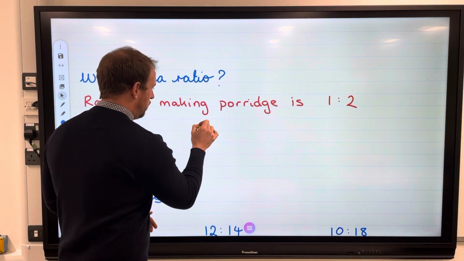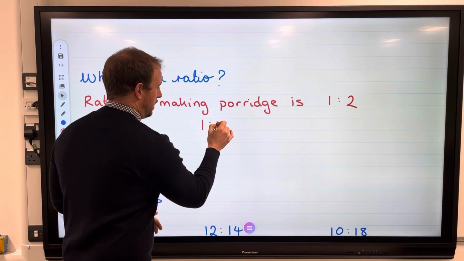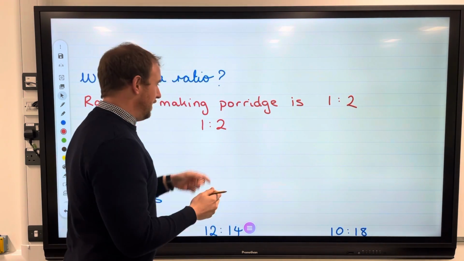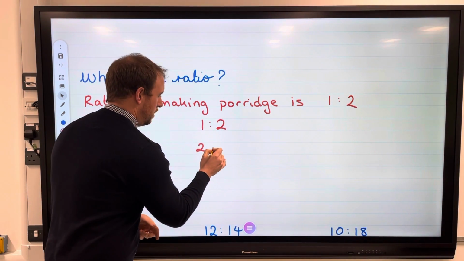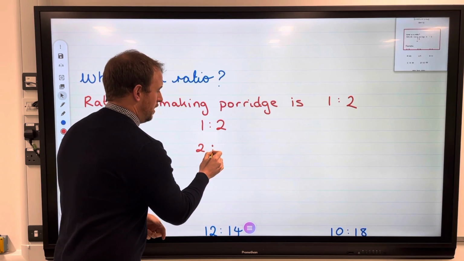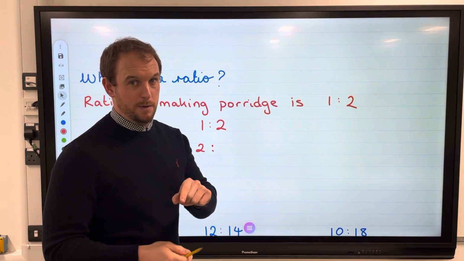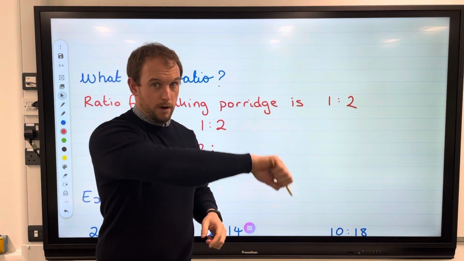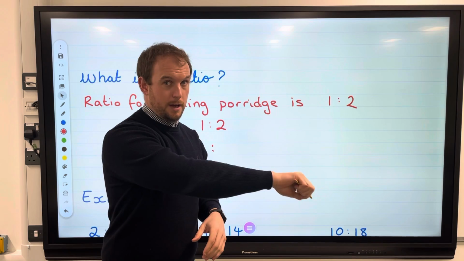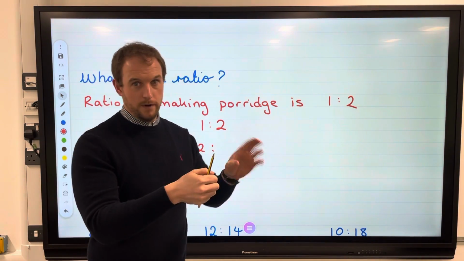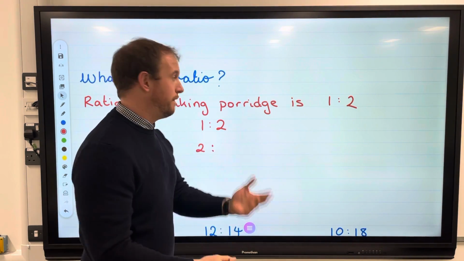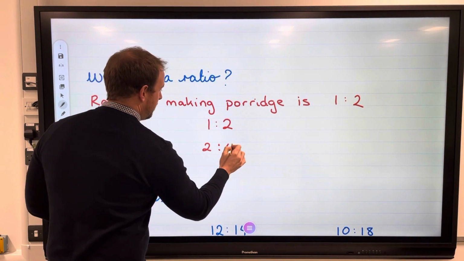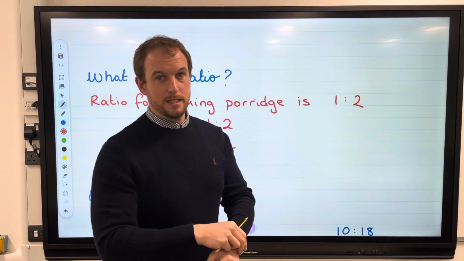So if I've got 1 part oats to 2 parts milk, to make more of this, I'll have 2 cups of oats, but then how many cups of milk do I have? My original ratio is 1 cup of oats, 2 cups of milk. But now if I've got 2 cups of oats, then I've got to have 4 cups of milk, otherwise it's not going to be the right consistency.